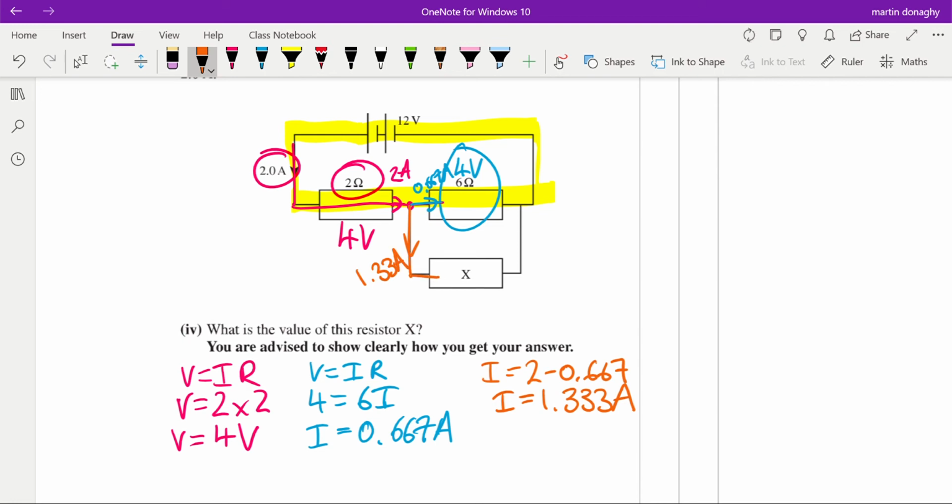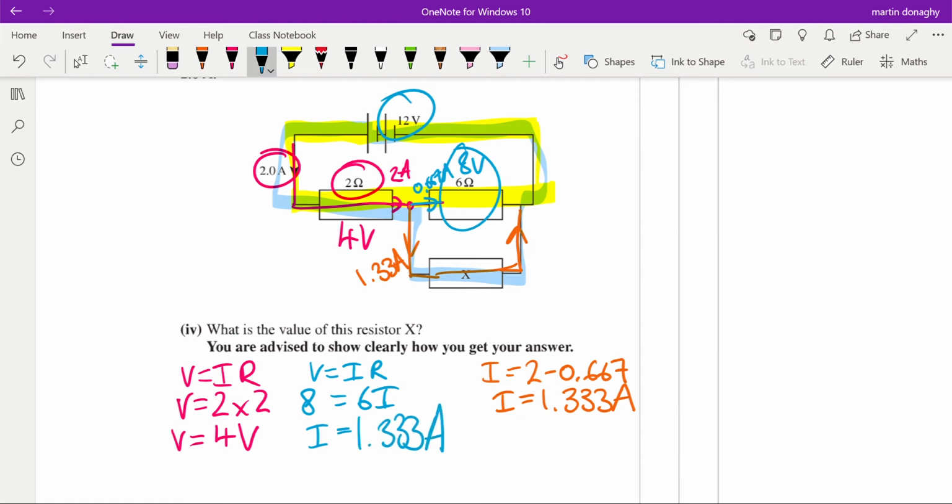I also know, if I take this path around the circuit, the voltages have to add up to give 12. So this here must be, and I just realized I've made a mistake, that shouldn't be 4, that should be 8 volts. So 4 plus 8 is 12. This here should be 8, and that should then be 8 divided by 6, which is 1.333 amps.